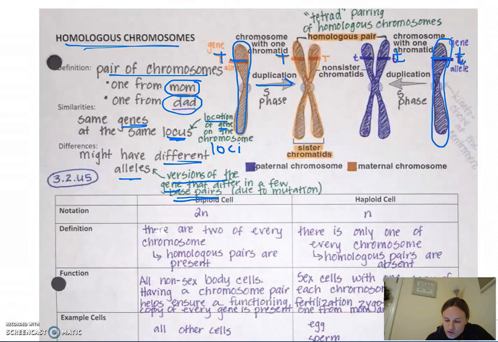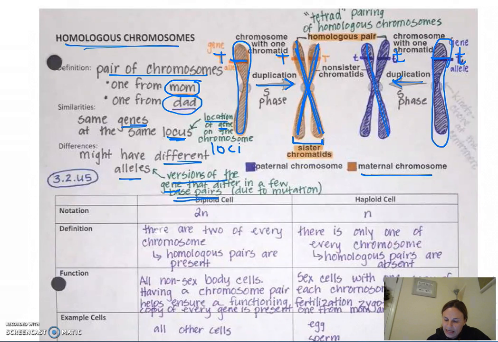Once I undergo duplication or replication, which occurs during the S phase of interphase, I make a copy of that singular chromosome, and now I have sister chromatids, where the information on this sister chromatid is identical to the information on this sister chromatid, and those chromatids came from one of the parents. So in this case, the orange is the maternal chromosome coming from mom. On the other hand, these purple chromosomes have come from dad.